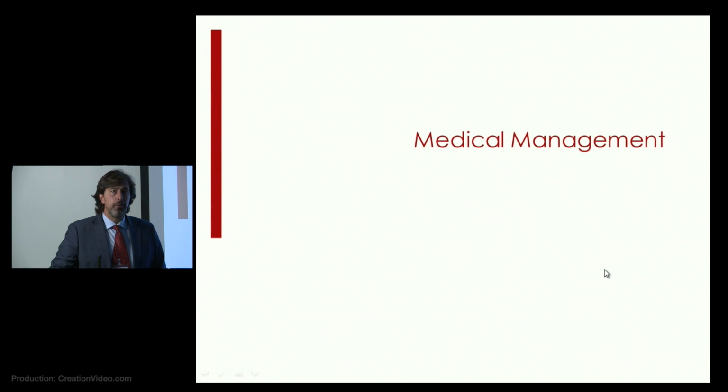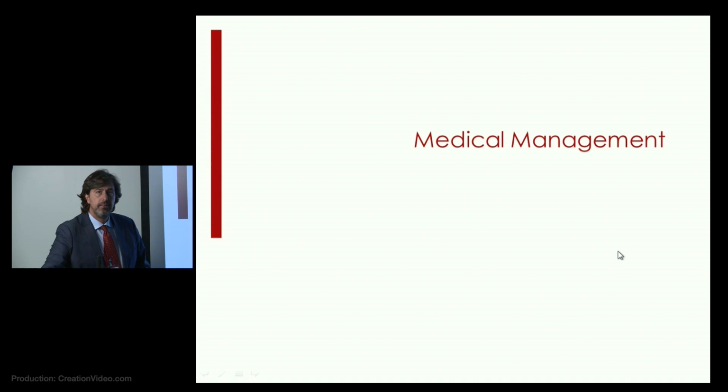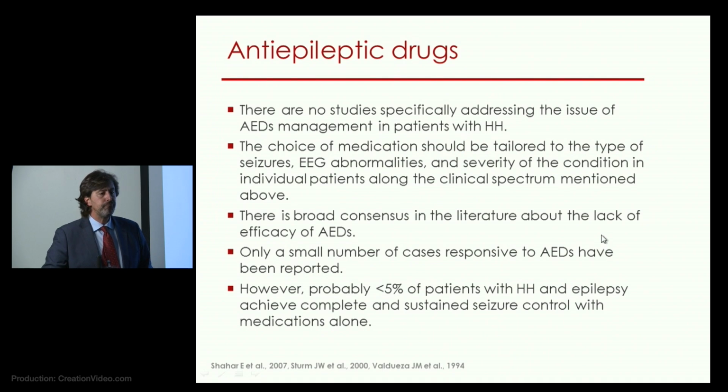Okay, let's go to the medical management. That is the last part, the last 8 to 10 minutes of my talk. Medical management is something that is really poorly reported because there are no clear-cut studies. There are no trials. There are no specific indications about the medical management in patients with hypothalamic hamartoma epilepsy.